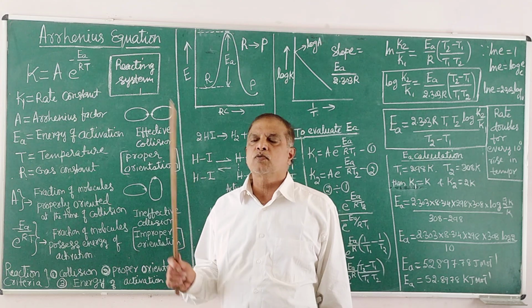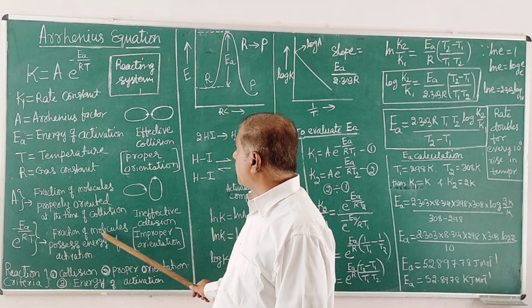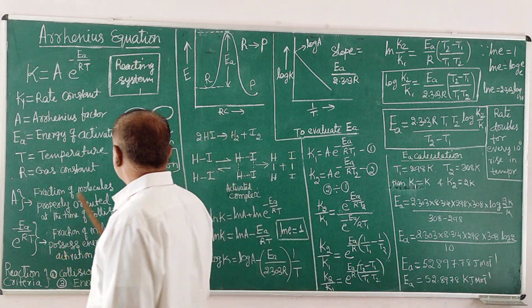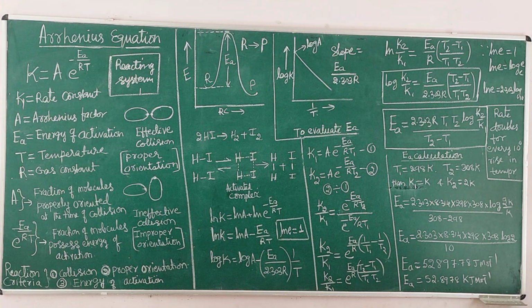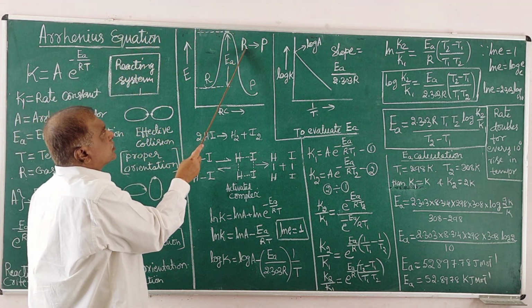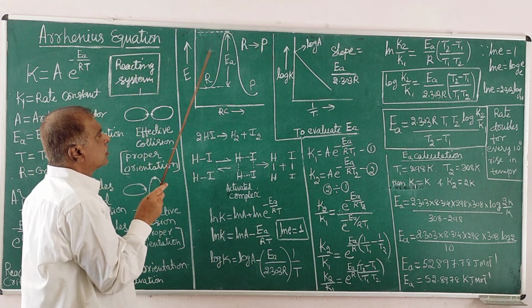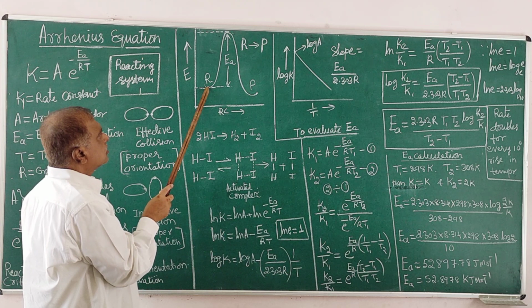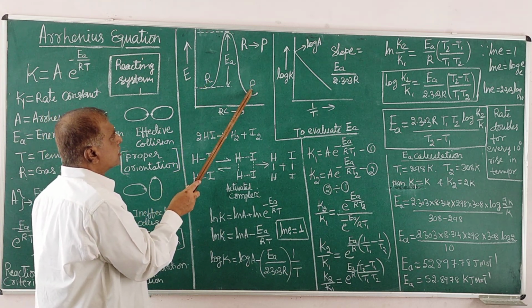So now let us understand the meaning of energy of activation. For this we need the energy profile diagram. Here, a reactant molecule is changing into a product molecule. Reactant molecules are here, product molecules are here.